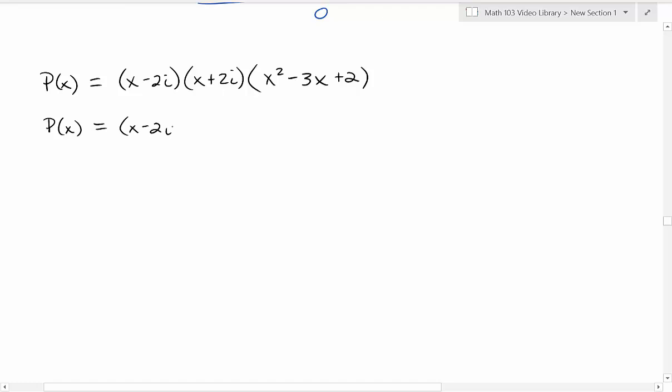We can factor the quadratic factor: x minus 2 times x minus 1. Now that we're in factored form, we set each one of our factors equal to 0 and solve to get all of our zeros.